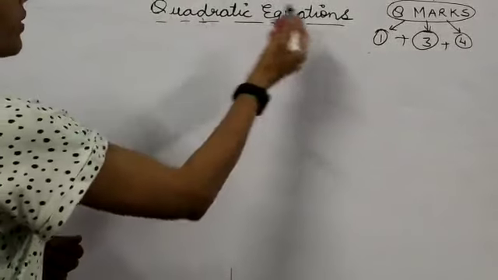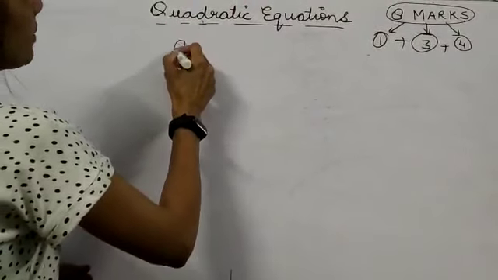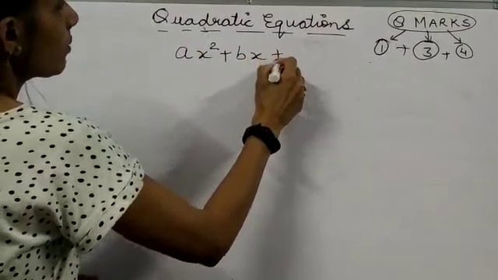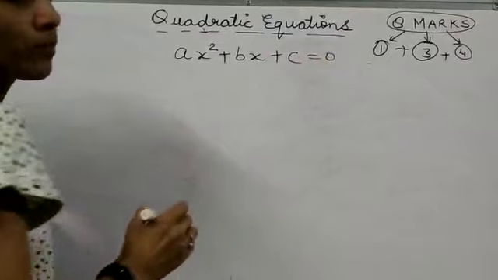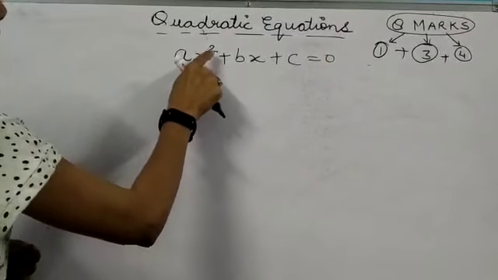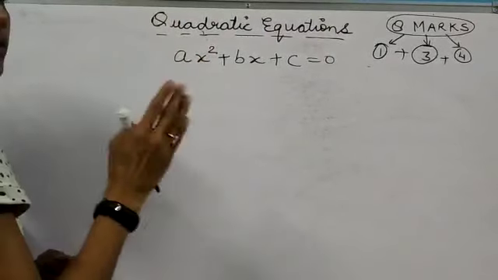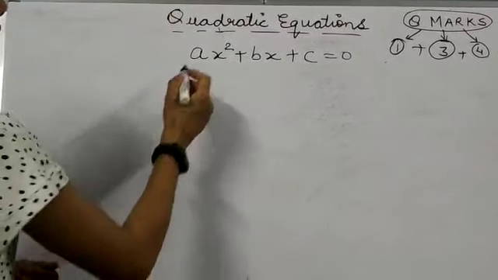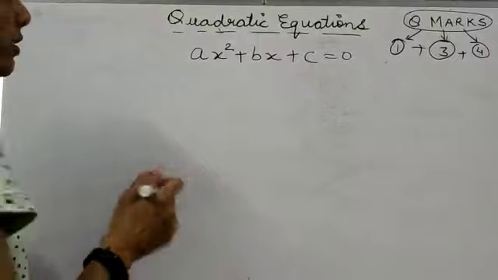Here the quadratic equations can be represented with the general formula ax square plus bx plus c equal to 0. Now the variable's power is 2, that means two values of x can be calculated, and these values can be calculated by three methods.